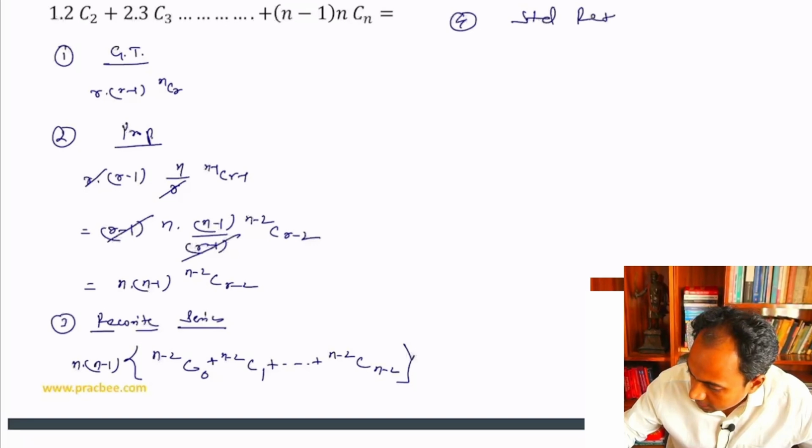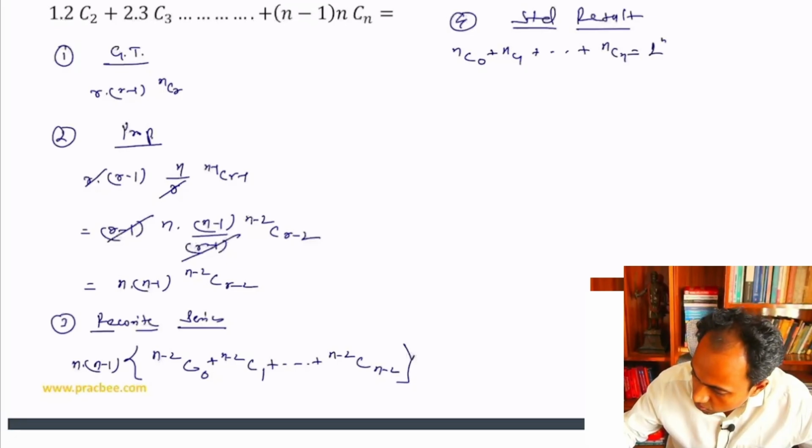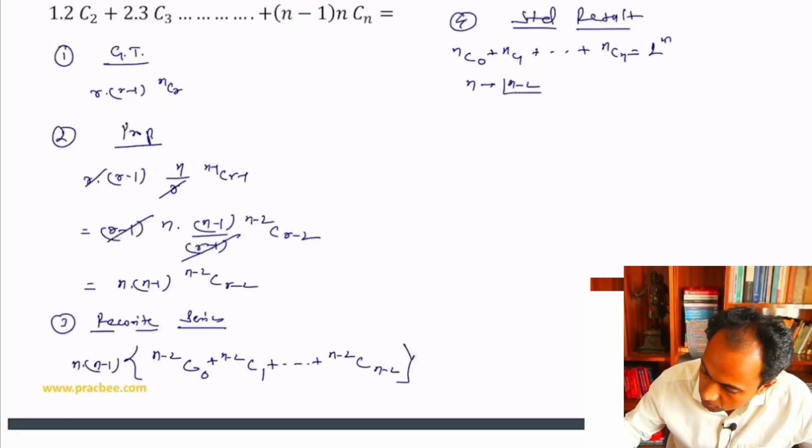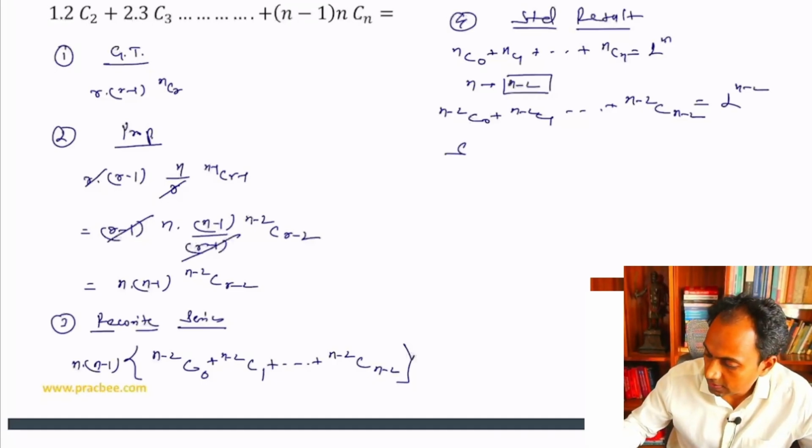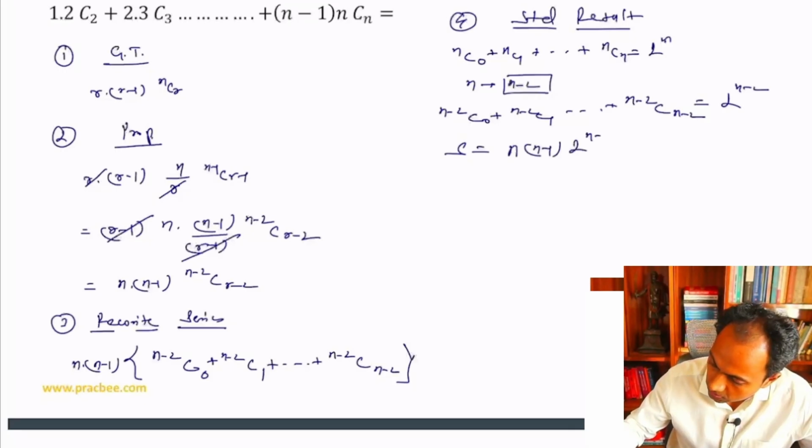My standard result tells me that if we have nC0 plus nC1 till nCn, the answer is 2 raised to the power n. If I replace n by n minus 2, n minus 2 C0, n minus 2 C1 till n minus 2 Cn minus 2, the answer is going to be 2 raised to the power n minus 2. So the answer of my series becomes n into n minus 1, 2 raised to the power n minus 2.